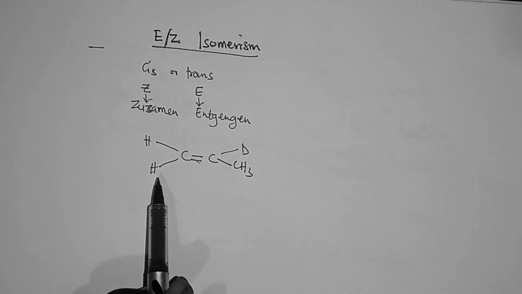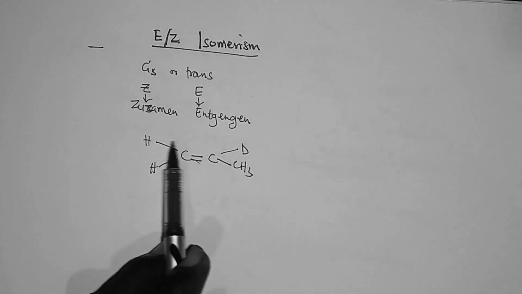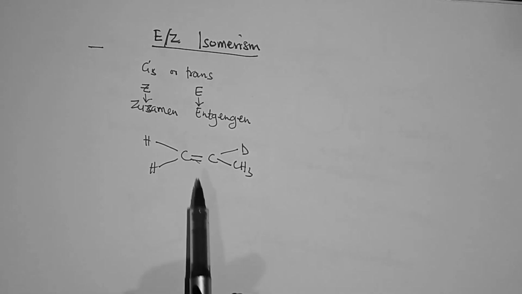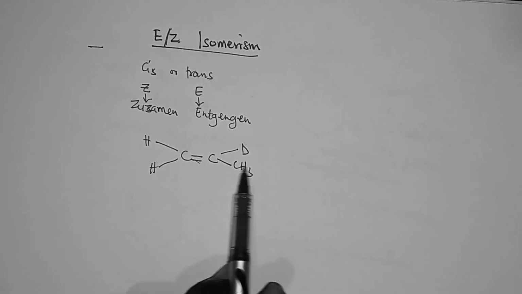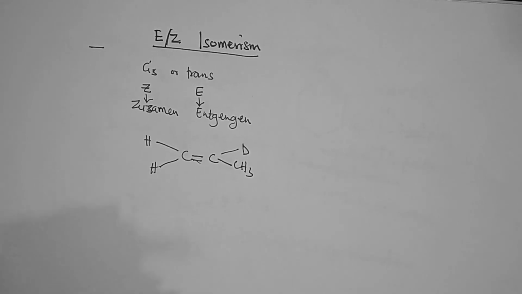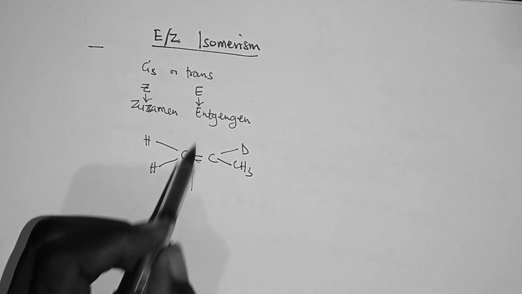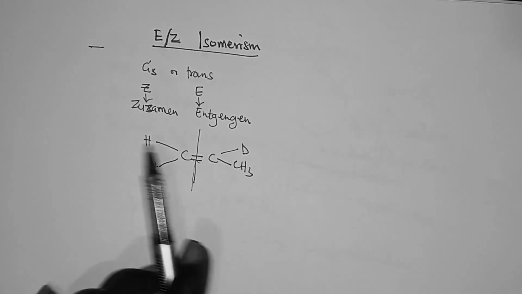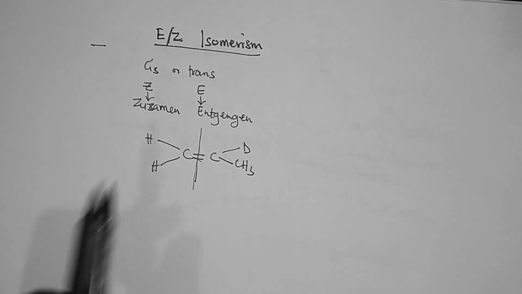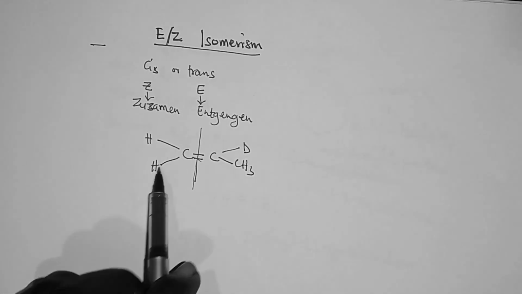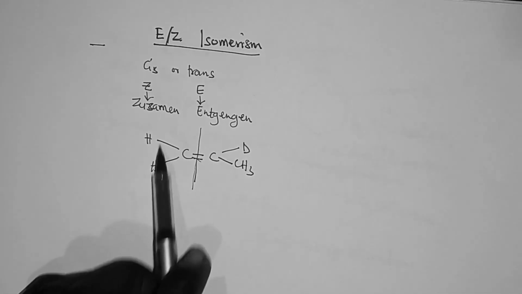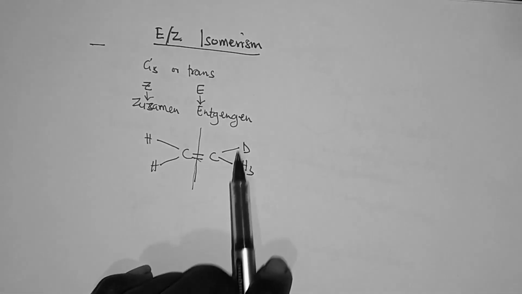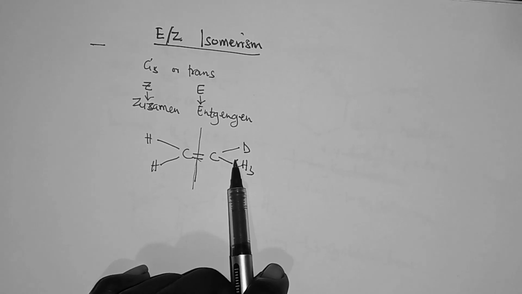Let's consider this molecule. Will this molecule exhibit cis and trans isomerism? For a molecule to exhibit cis and trans isomerism, if you divide the molecule vertically and look at either side, the groups that are here must be different from each other, and the groups that are here must also be different from each other.